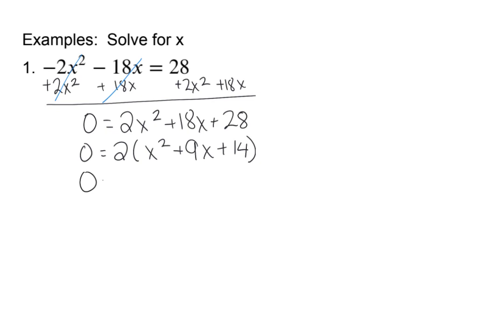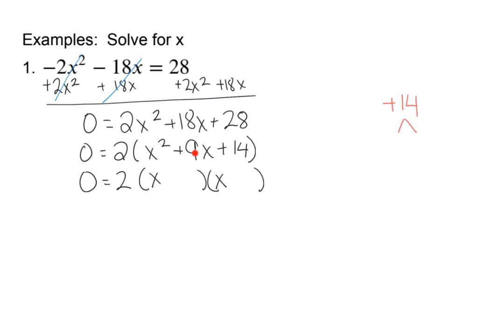Now you could use AC, but it's kind of a waste of time that we don't have to do it on this one. But if it makes you feel better, you can do it. Remember, when it starts with x squared, we know it's x times x. I'm still going to come out here to the side to look for these factors, though. I've got a positive 14. Plus tells me same signs.